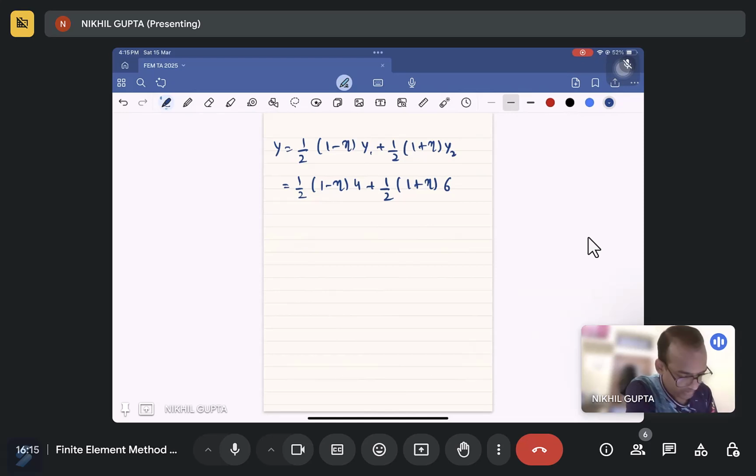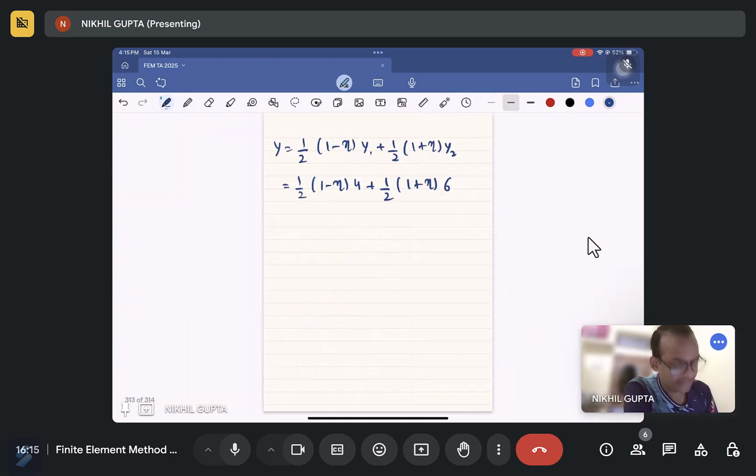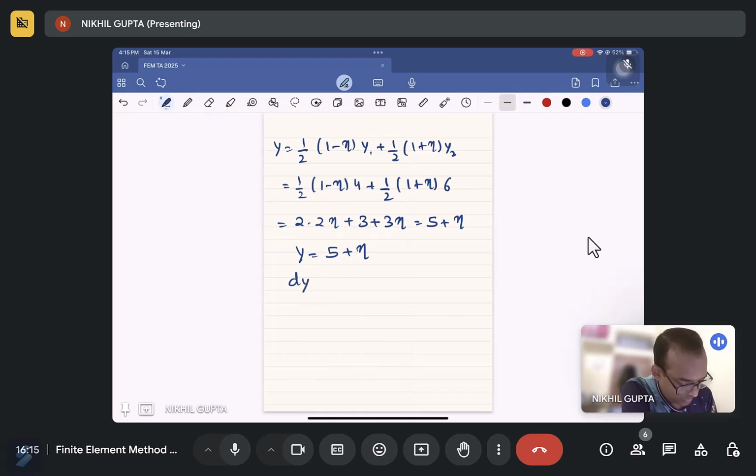So 4 and 6 are the values of y1 and y2 from the limits we have taken. When you solve it, you will get 2 minus 2 eta plus 3 plus 3 eta, which gives 5 plus eta. Now you have to get dy also. y is equal to 5 plus eta, and when you differentiate, dy is equal to d eta.